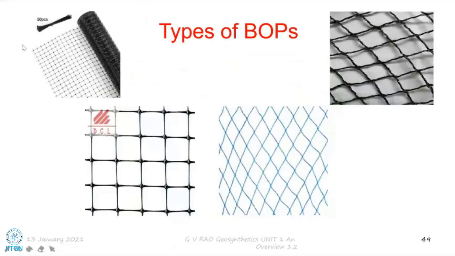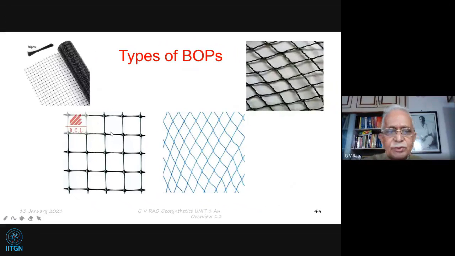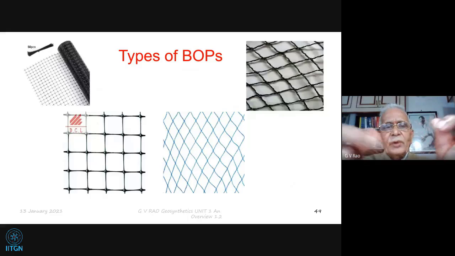So we have these nets, which are of different kinds. The interesting point is that there is a junction also. We'll talk of the junction later. There is a net kind of thing here, and a linear kind of member here. On the left-hand side we can see material like this, which any one of you can pick up from any super bazaar. These days, shopping bags all have this kind of thing also.